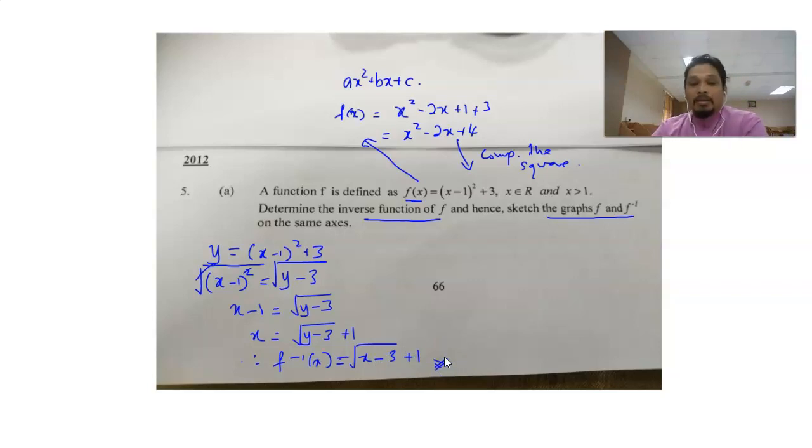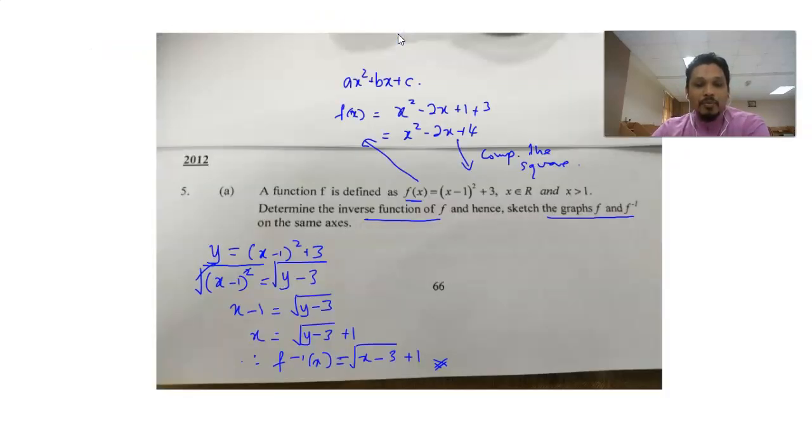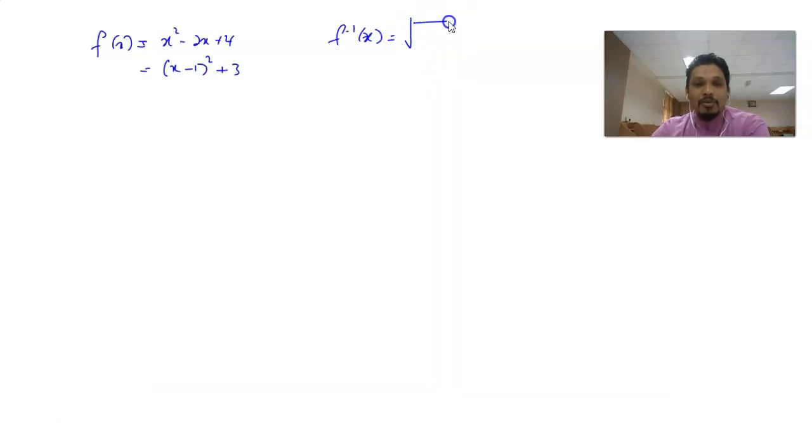Okay, so then sketch the graph of f and its inverse on the same axis. The function f equals x squared minus 2x plus 4, or according to the question, x minus 1 squared plus 3. And its inverse equals the square root of x minus 3, plus 1.